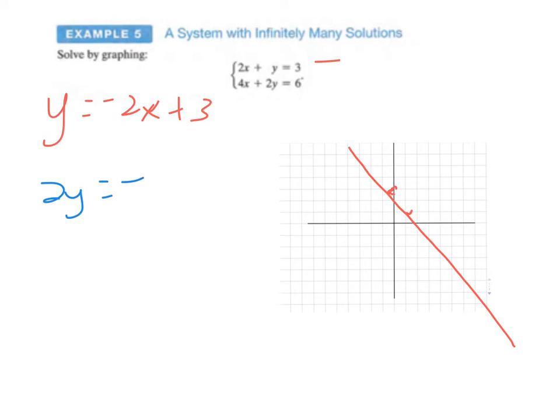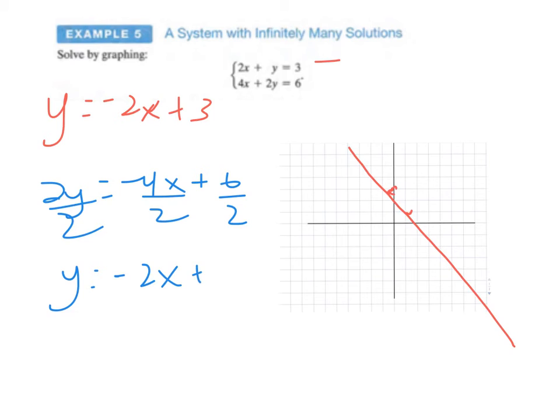So I have to subtract the 4x, and then divide everything by 2, which puts it as y = -2x plus 3. So now I go to the 3, and I go down 2 and to the right 1, I end up on the same line.